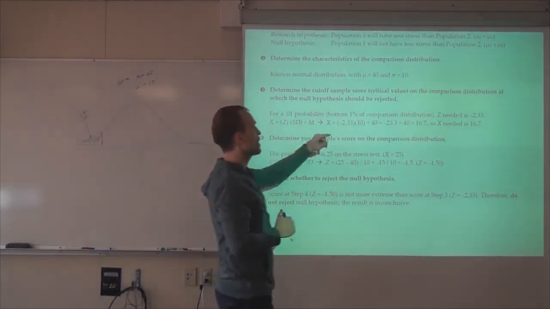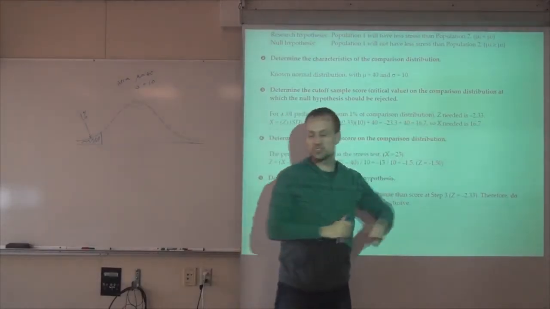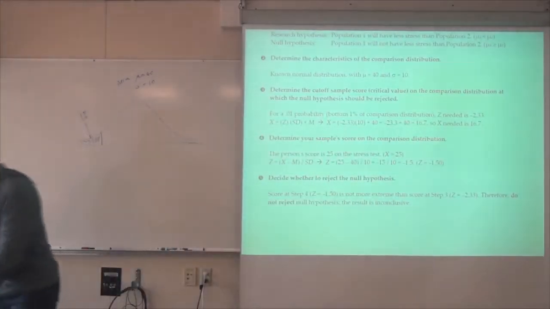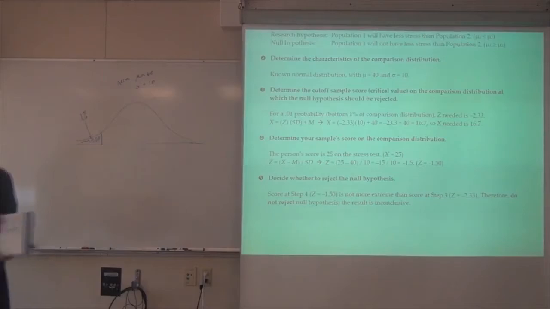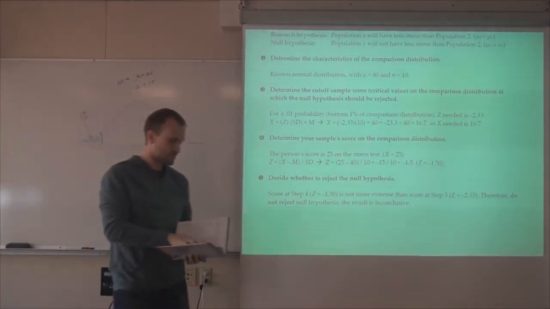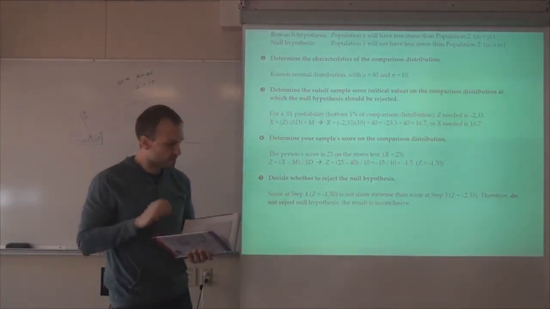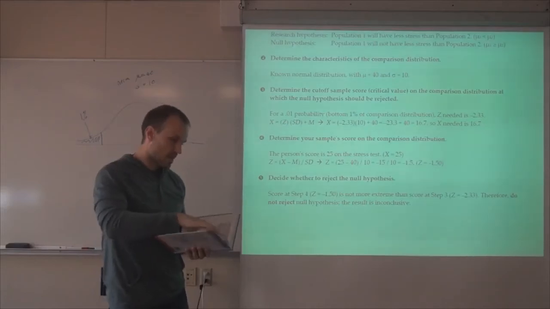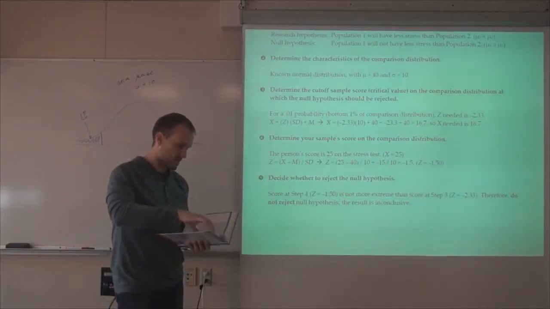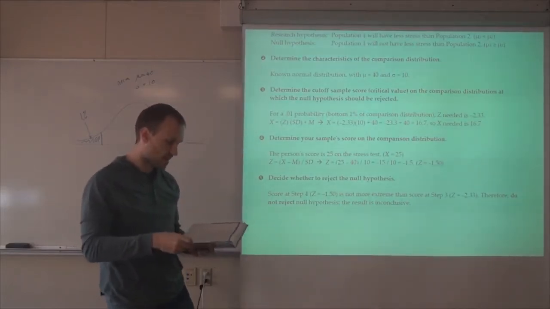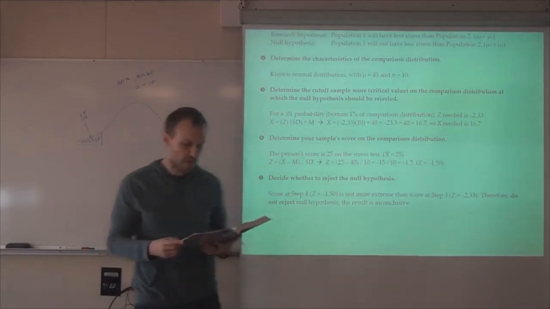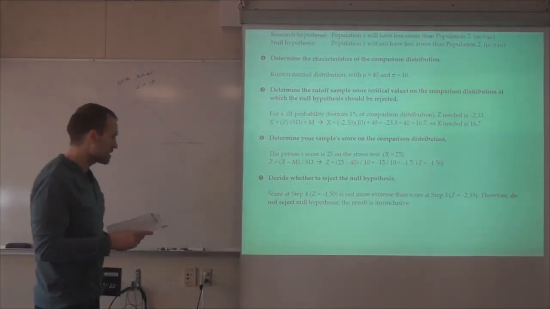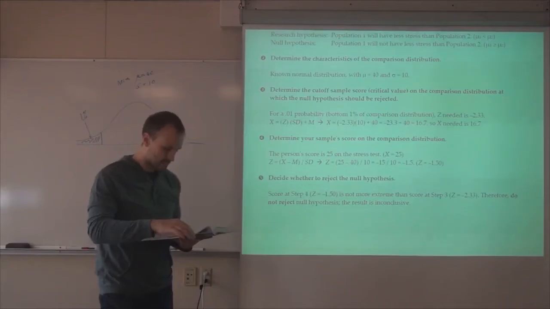So what is the corresponding cutoff Z score? Well, I go to my table and let's do that together. Starting on page 673, I'm looking for a tail of 1%.